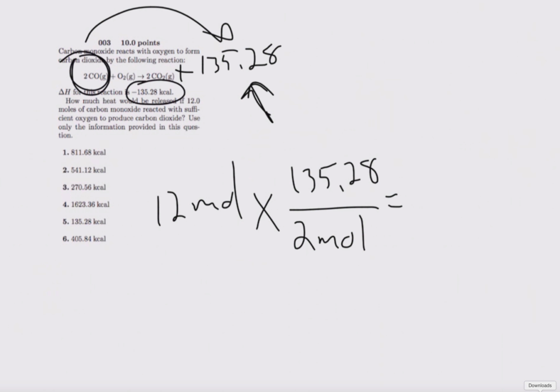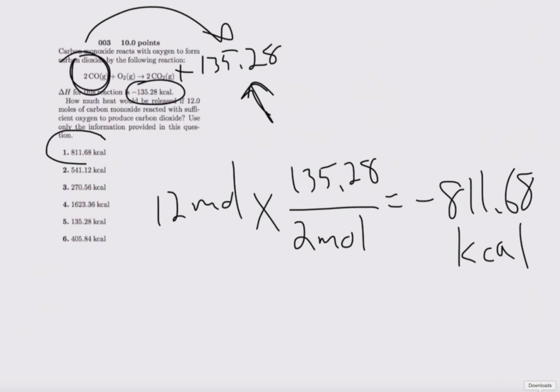So we do the 12 times 135.28 over 2, and we end up with 811.68 kilocalories, which is the first choice on this one, but might be a different choice on yours.